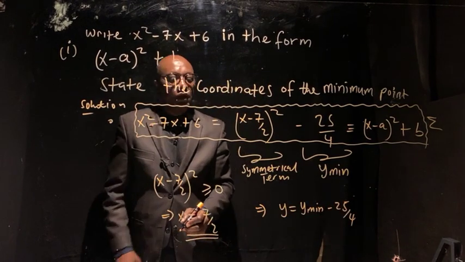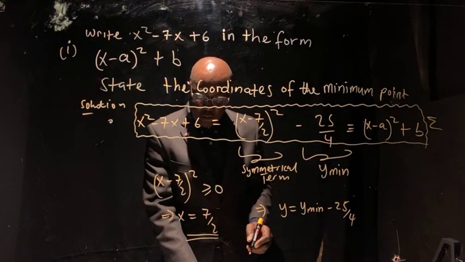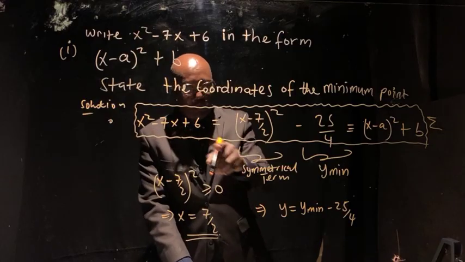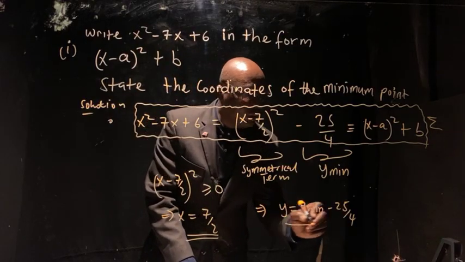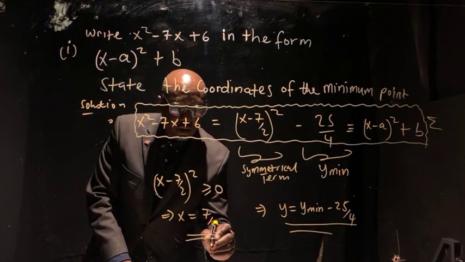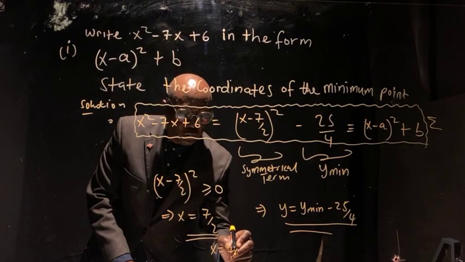Therefore, the coordinates of the minimum point of the graph of this equation is x equals 7 over 2.